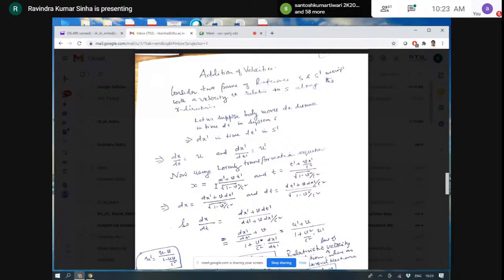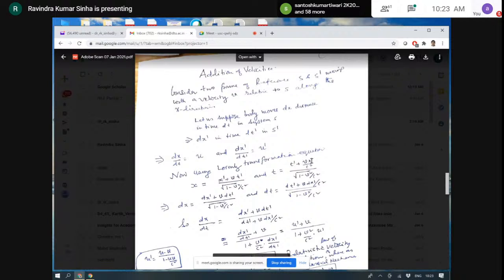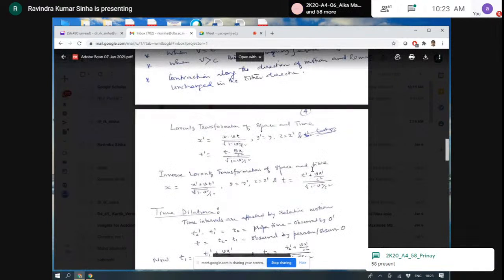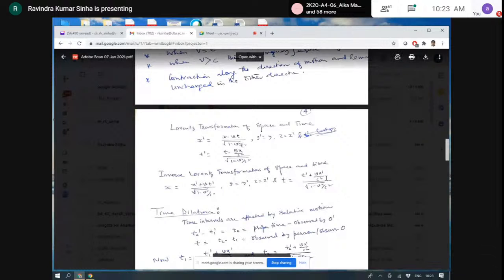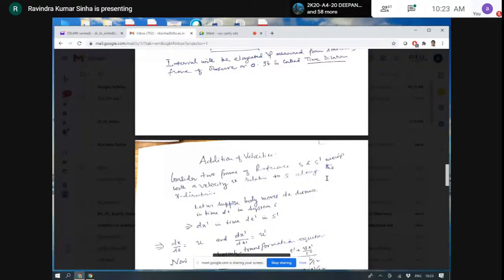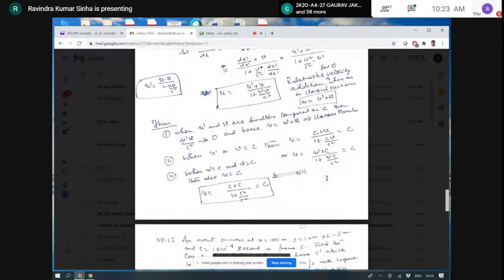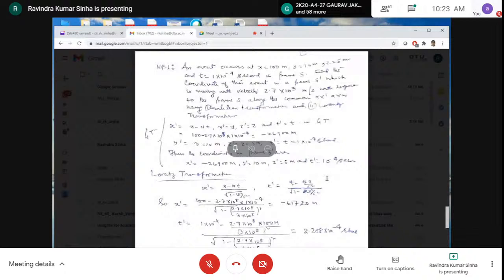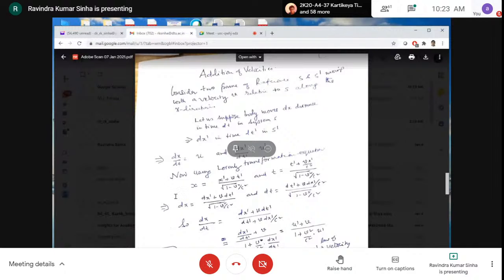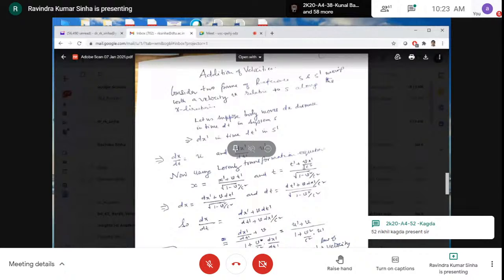Similarly, T will be T dash plus Vx dash by C square. We have taken it from the inverse Lorentz transformation for the time. Is it okay? Yes, sir. So I am using these two quantities now.